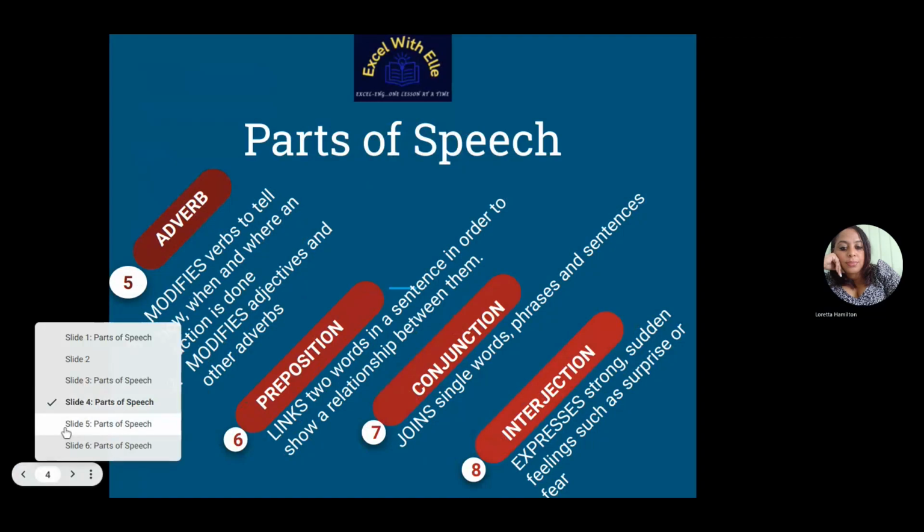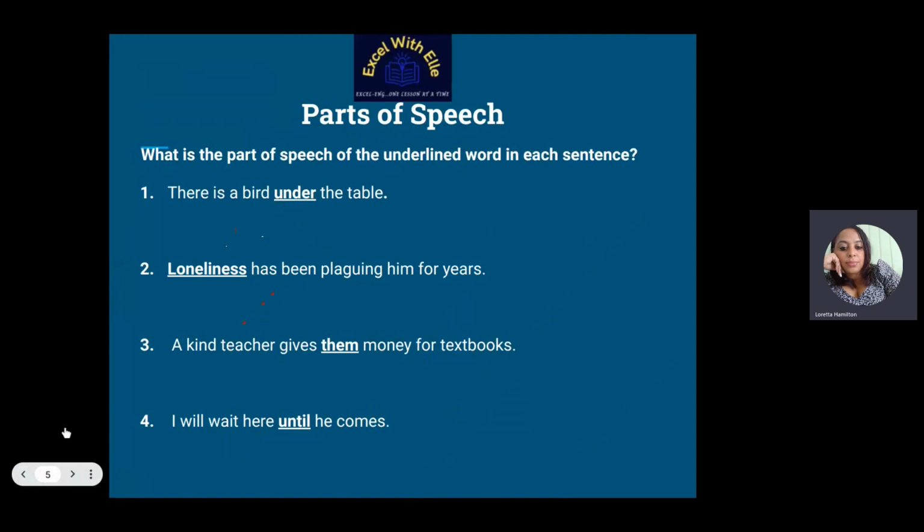Okay, good. Now, on this next slide, we are going to apply what I have just explained. So I will be modeling for you as we try to figure out the answers to these questions. So your instructions are: what is the part of speech of the underlined word in each sentence?